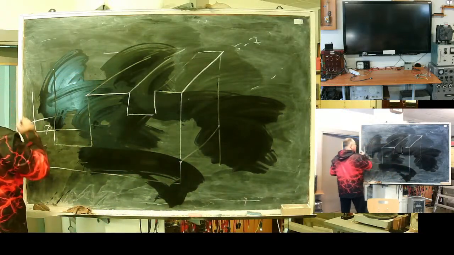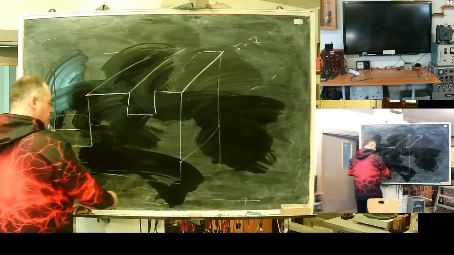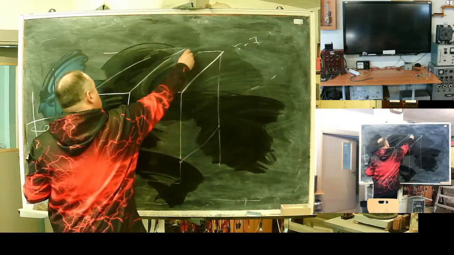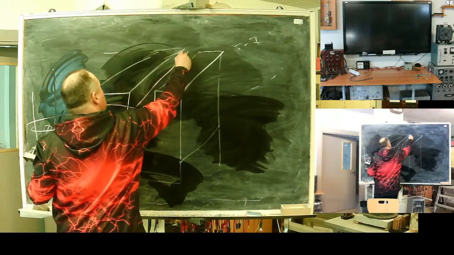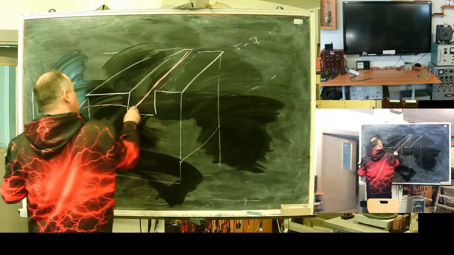Here will sit the current coil. The key idea was that at the end of the pole, it has a conductive copper ring, like this.